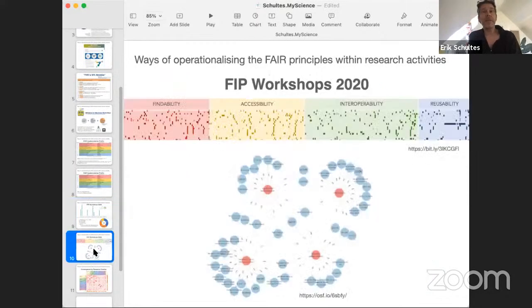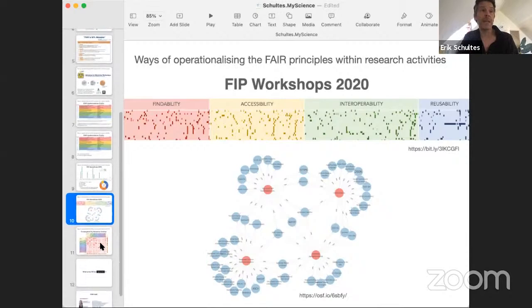We've now accumulated 25 FAIR implementation profiles and ideas about how these communities are trying to implement FAIR. And this gives us a very nice data set in which to begin investigating the best and most optimal reuse of existing resources to try and achieve an overall global convergence on FAIR implementations.